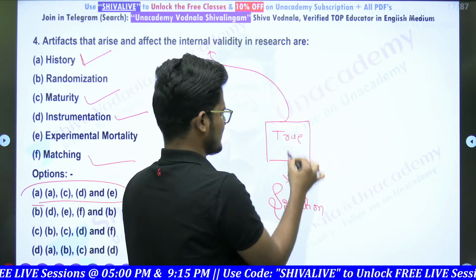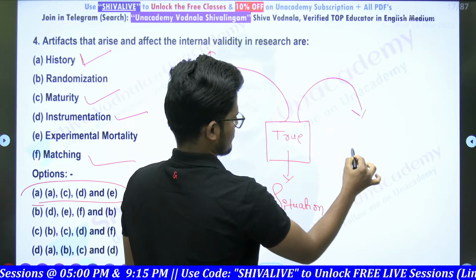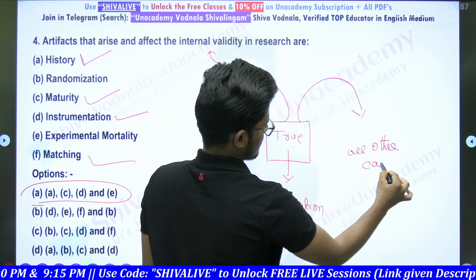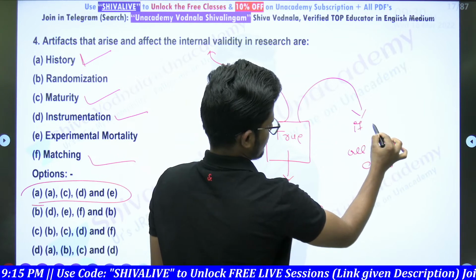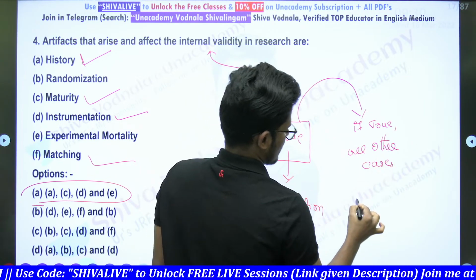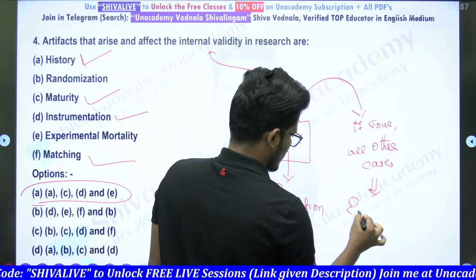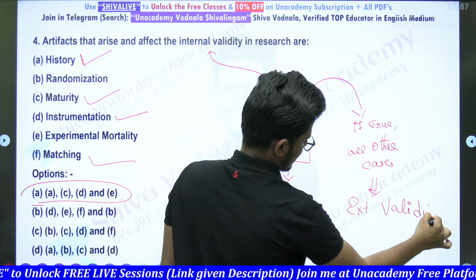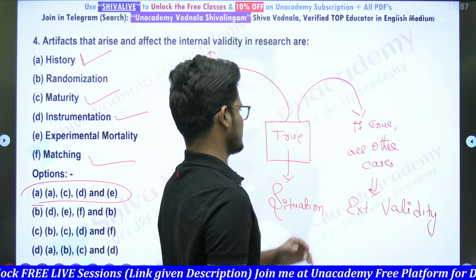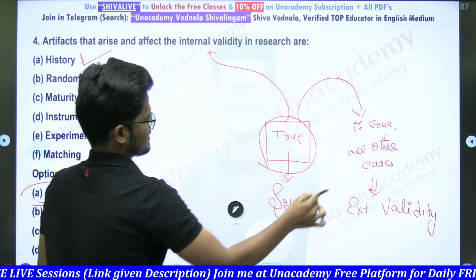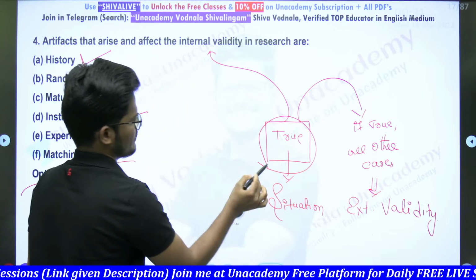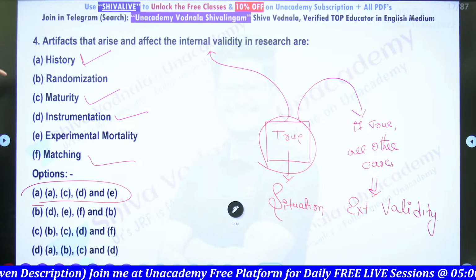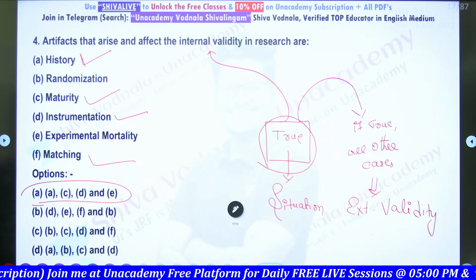Whereas if this is true in all the other cases also, then that is called external validity, which means generalizability. This is generalizability and this is internal validity. This is external validity, which means generalizable, and internal validity means applicable only to a specific or particular situation. So A, C, D: history, maturity, instrumentation and matching are given.